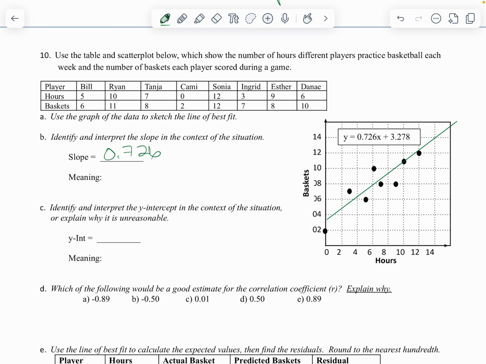That means they made 0.726 baskets per hour.